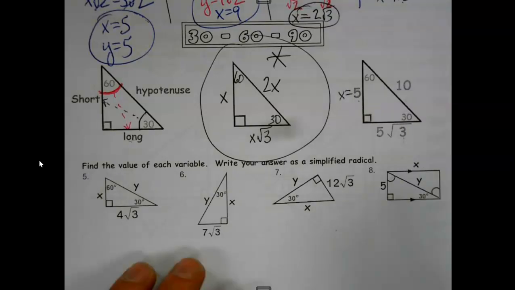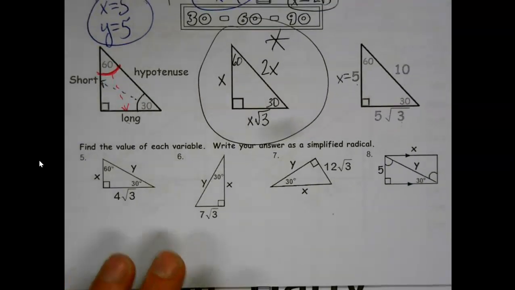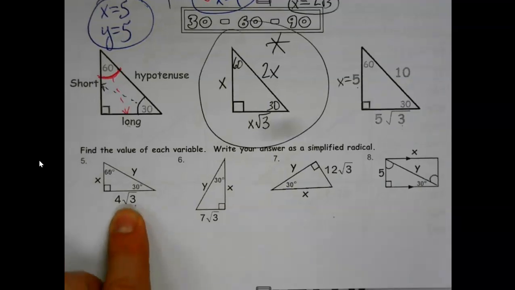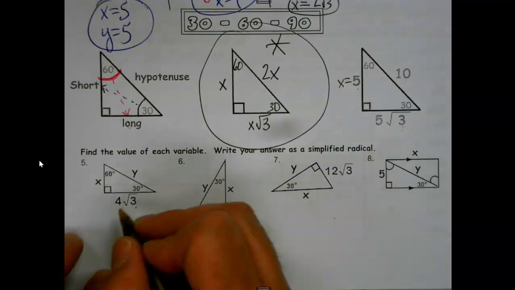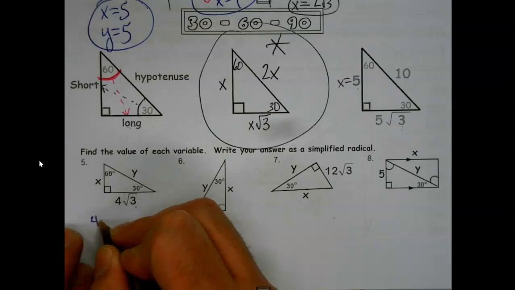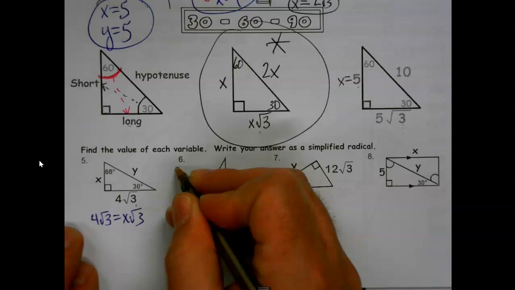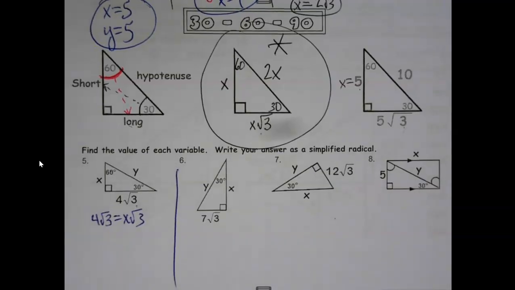So the reason I mention that is that now when we get down here, and we're like, okay, there's 60. This is the one I know. This is my long leg. So I think about it this way: 4 square root of 3 has to equal my long leg, which is x times the square root of 3.